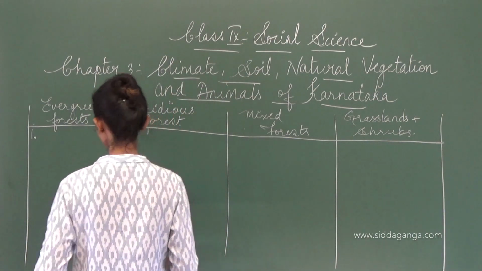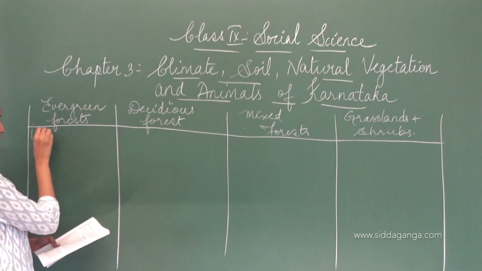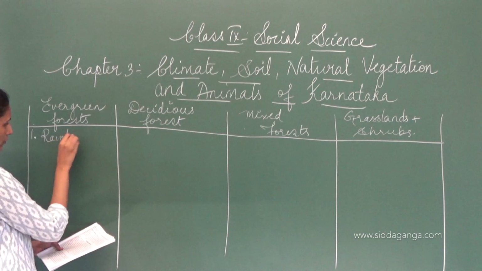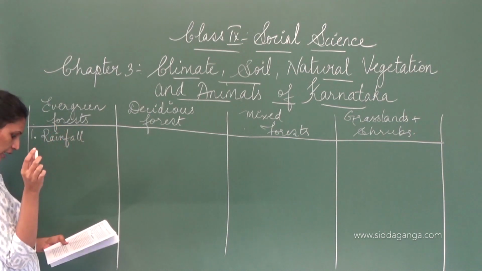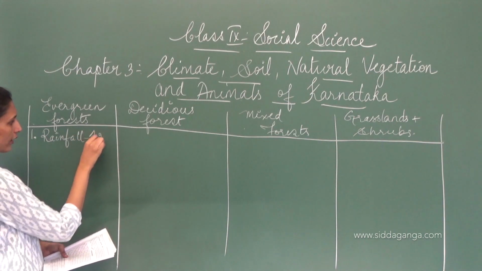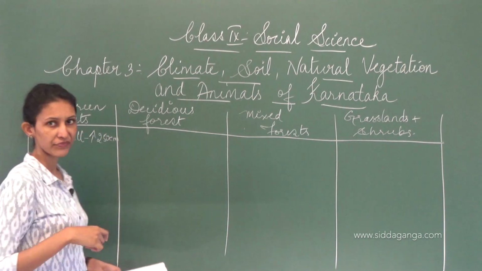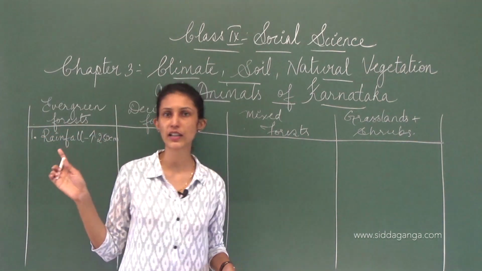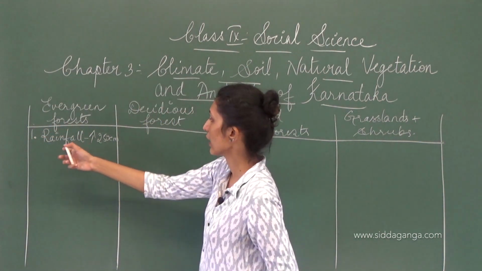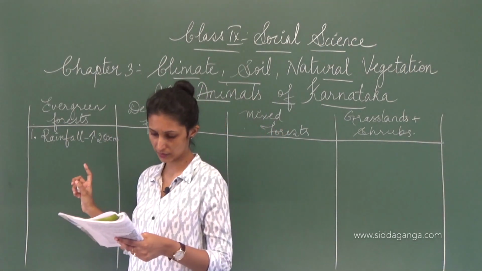So the first point will go like this: rainfall is more than 250 centimeters. I've written very small, students, but I'll tell you what I'm writing. Rainfall is more than 250 centimeters.